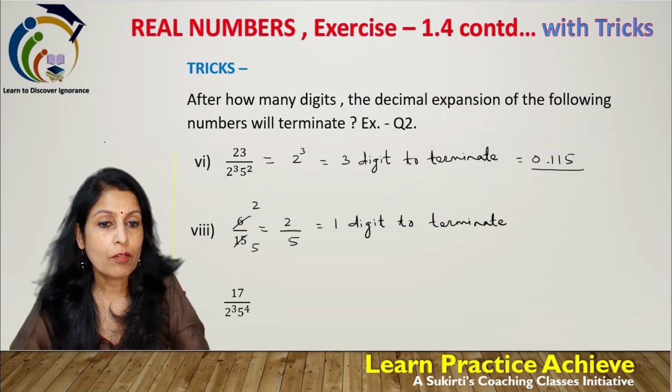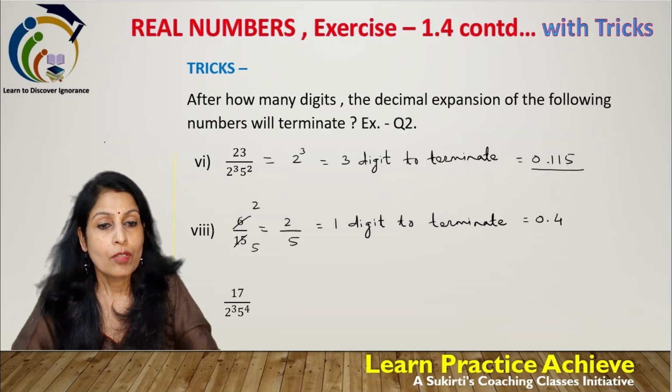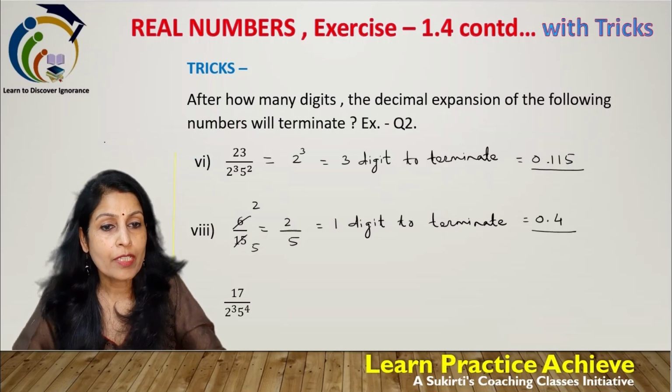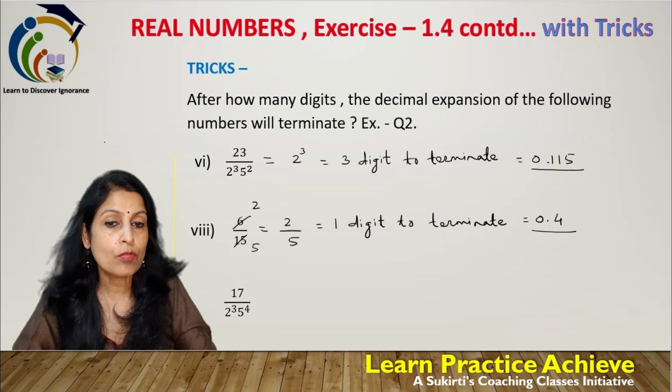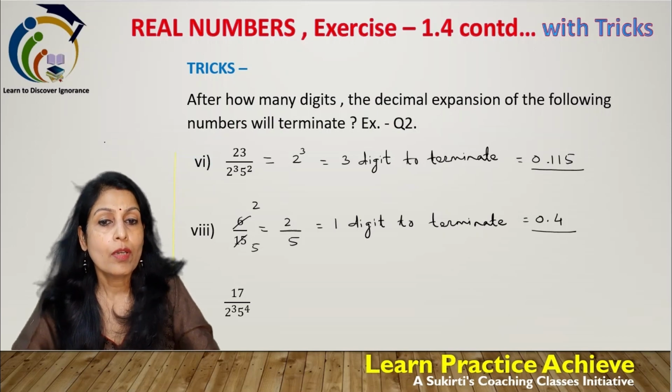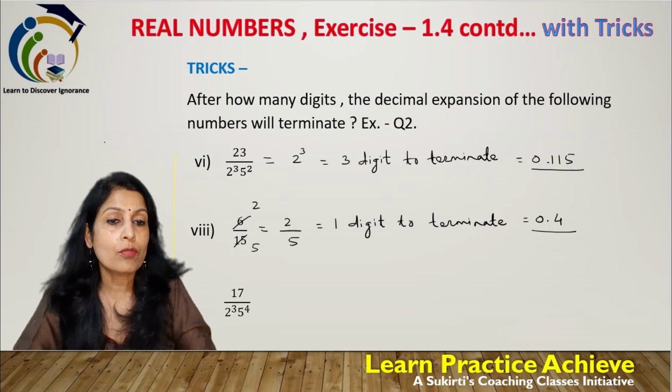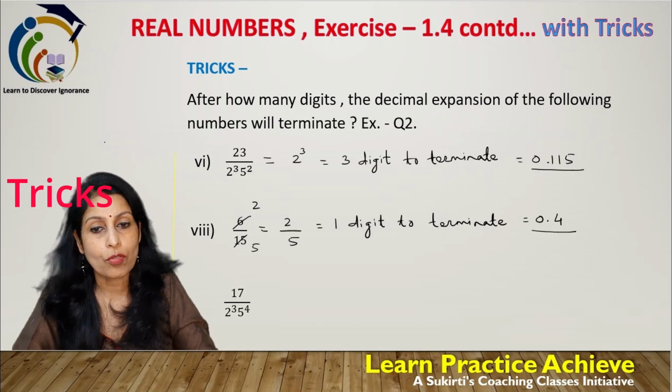So if you find the answer for this question, your answer is 0.4. So 0.4 means after the decimal point only one digit is there. After that you will get the remainder 0. So from the power of either 2 or 5, whichever has the highest power, from there you can easily find out whether your answer is right or wrong.